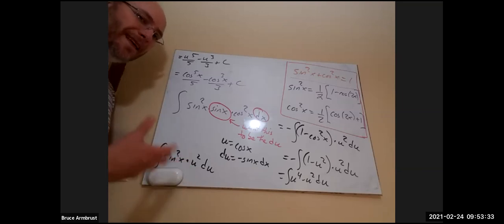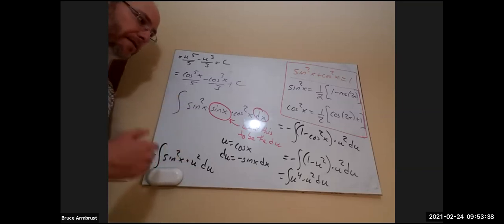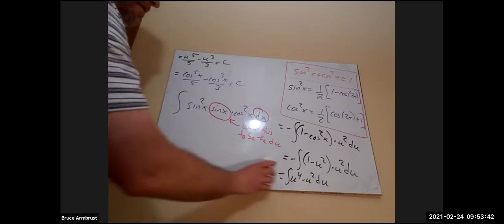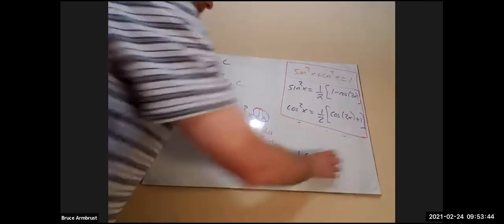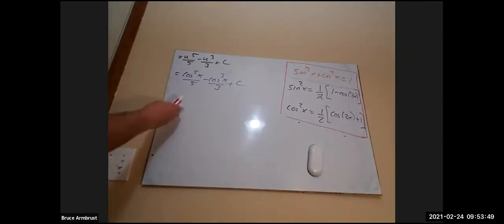Okay, so let me put down in words the process, what we do here, and then we'll do another example. So basically, here's what you do. If one of the exponents is odd, that's case one.